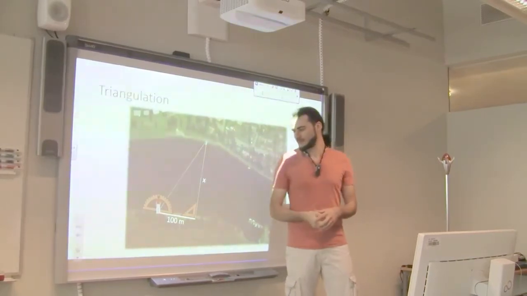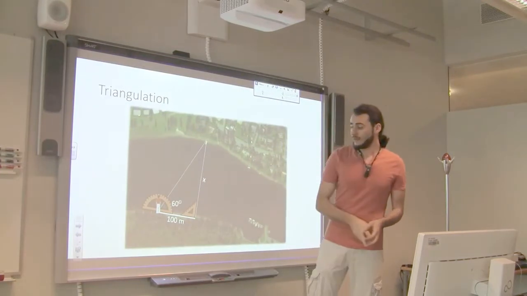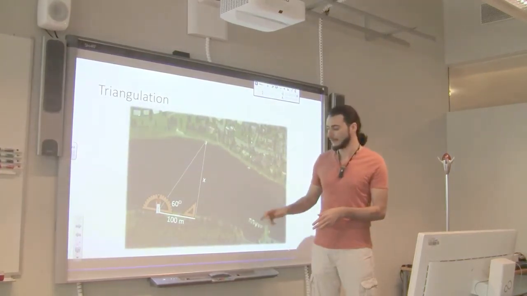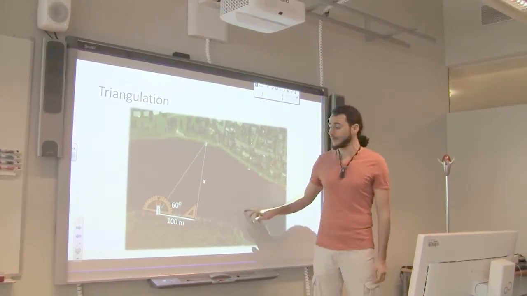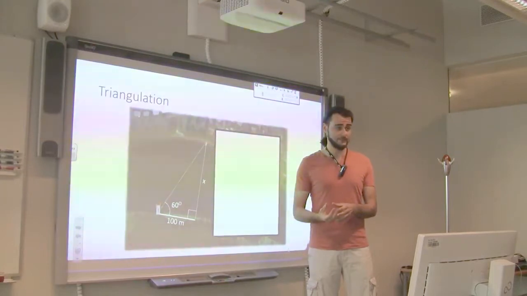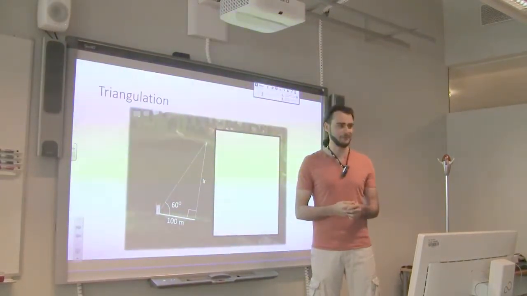Usually a protractor can be simply used. So if you have this 100 meter length on this side of the river, and if you have that angle, it basically turns into a simple trigonometrical problem.